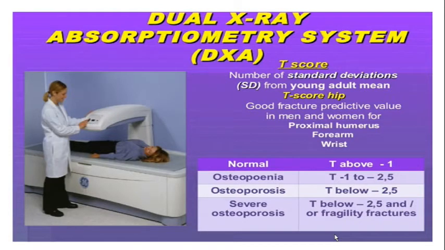Then this is a dual X-ray absorptiometry system, which is a DEXA, where you have a T-score for the bone mineral density, and when the BMD is less than minus 2.5, it is classified as osteoporosis, or well below 2.5 is basically severe osteoporosis, or anywhere between 1 and 2.5 is osteopenia.